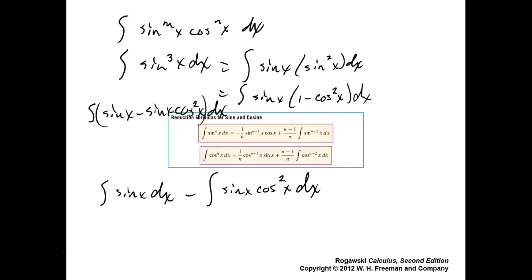Now, the integral of a difference is the difference of the integrals, and that's how you got from there to there. Now, I can do this one, can't you? The antiderivative of sine x is minus cosine x.